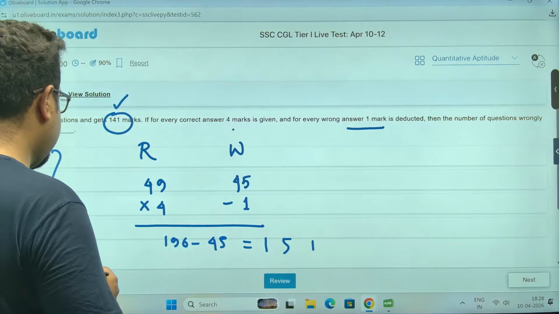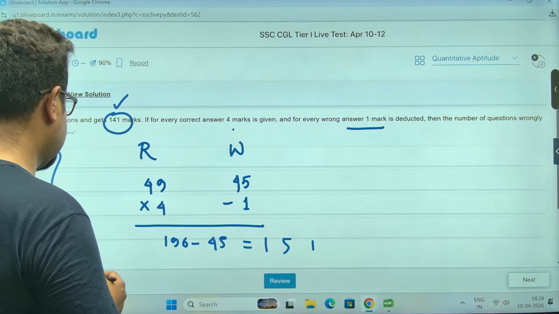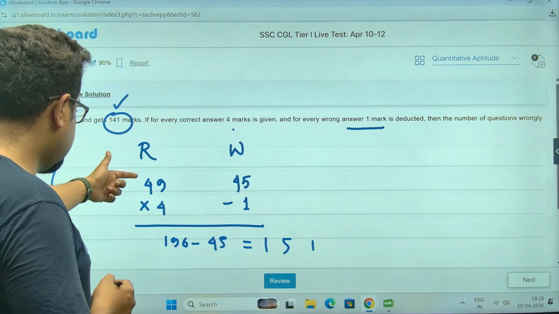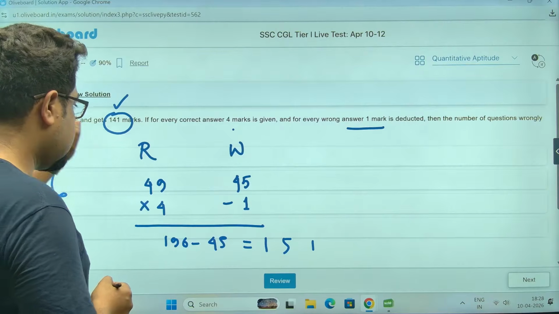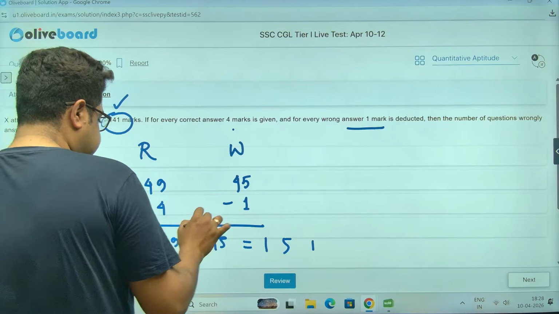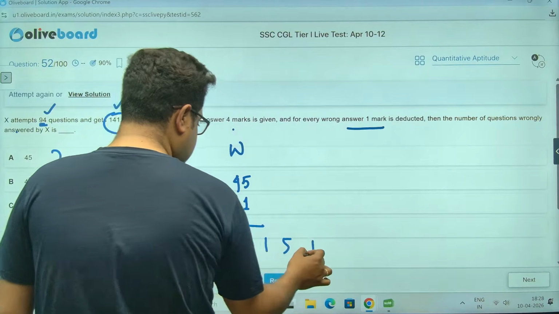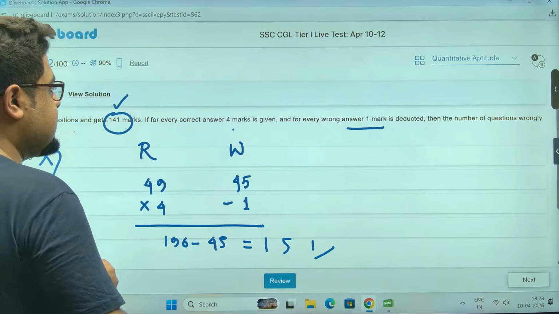I'm getting 151. Just a second. Have I done any mistake? 50 into 4, just a second, I'm not sure. 196, 45, sir. No, sir, 151. So this is not your correct answer.